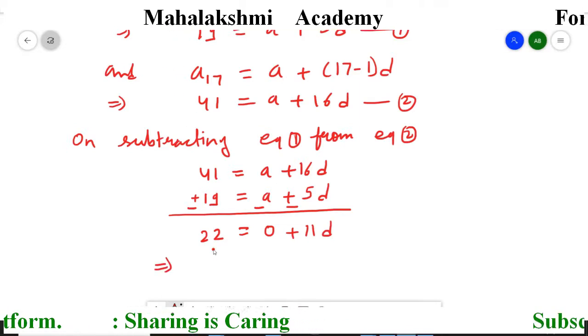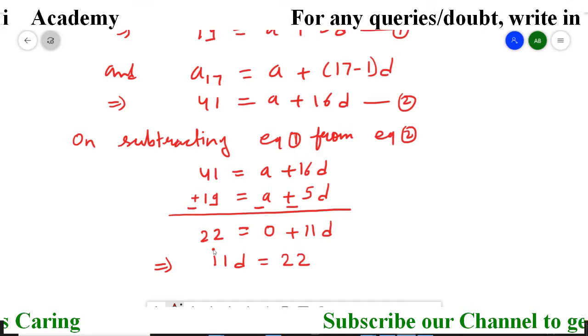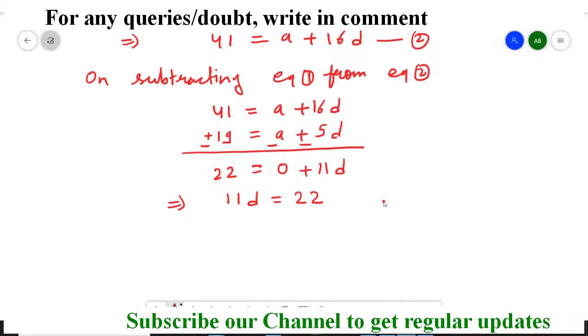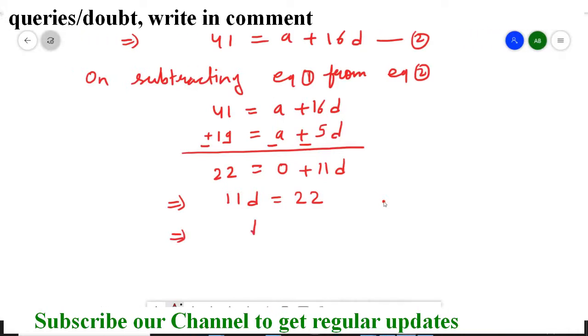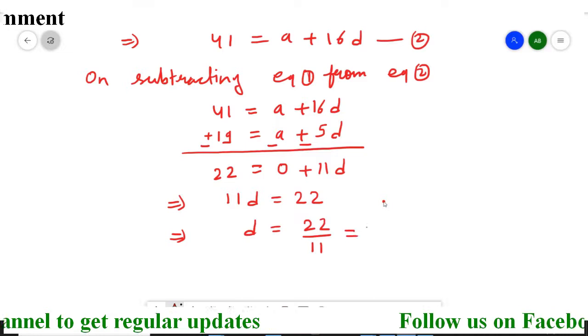So after subtraction we obtained 11d is equal to 22. Now from here we can calculate d easily. d is equal to 22 upon 11, that is 2.